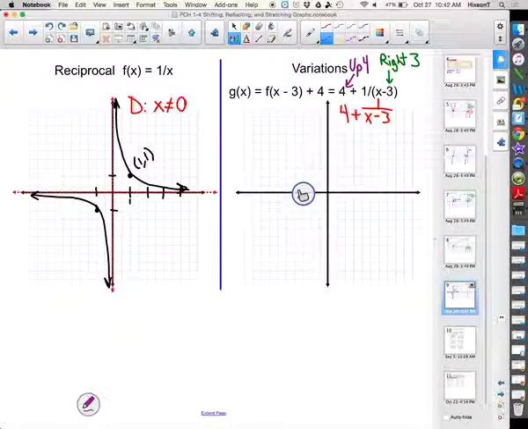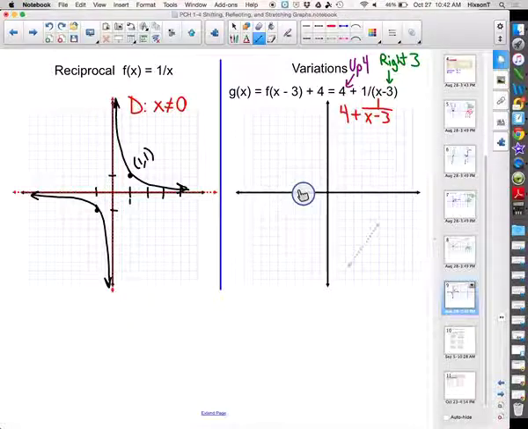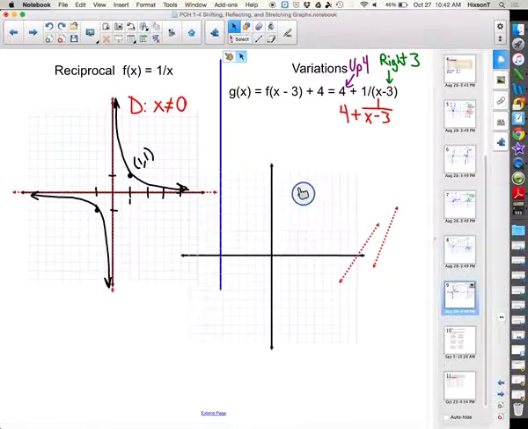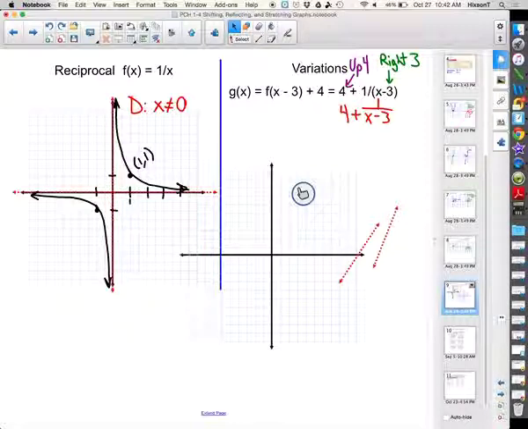Now, be careful with this one, because the asymptotes move as well. Alright, so everything on the graph is going to shift over 3 to the right and up 4.